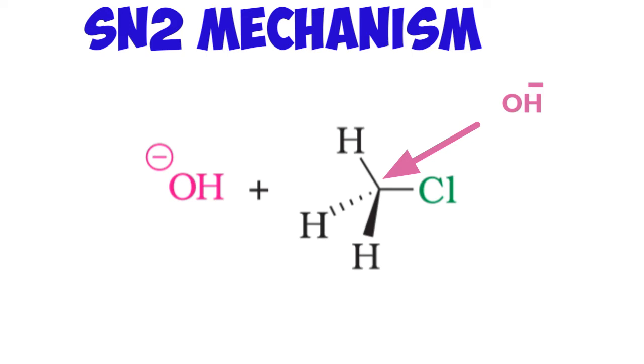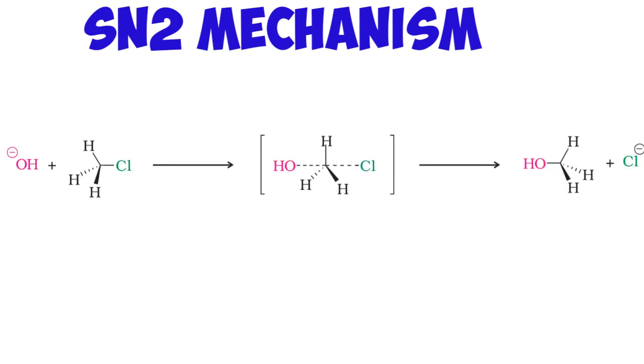And there will be repulsion between these two negative charges, that is halogen and hydroxyl group. So the front attack is not possible here. So the hydroxyl group attacks carbon atom through back, that means opposite side.